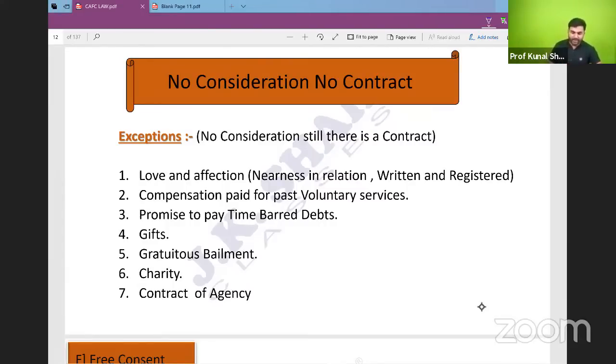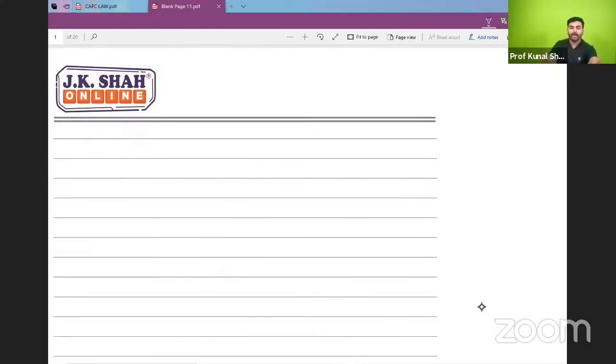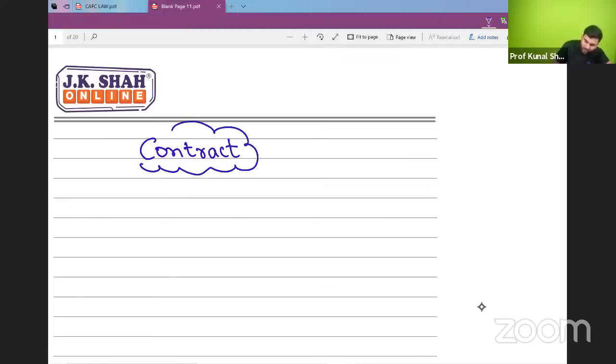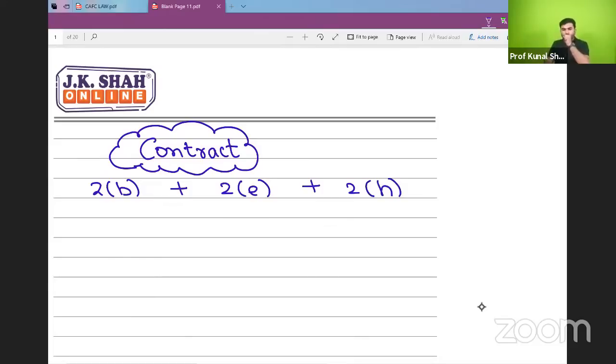See, whenever I talk about a contract, can I say a contract is nothing but 2b plus 2e plus 2h, wherein 2b represents promise, 2e represents agreement, and 2h represents a contract.